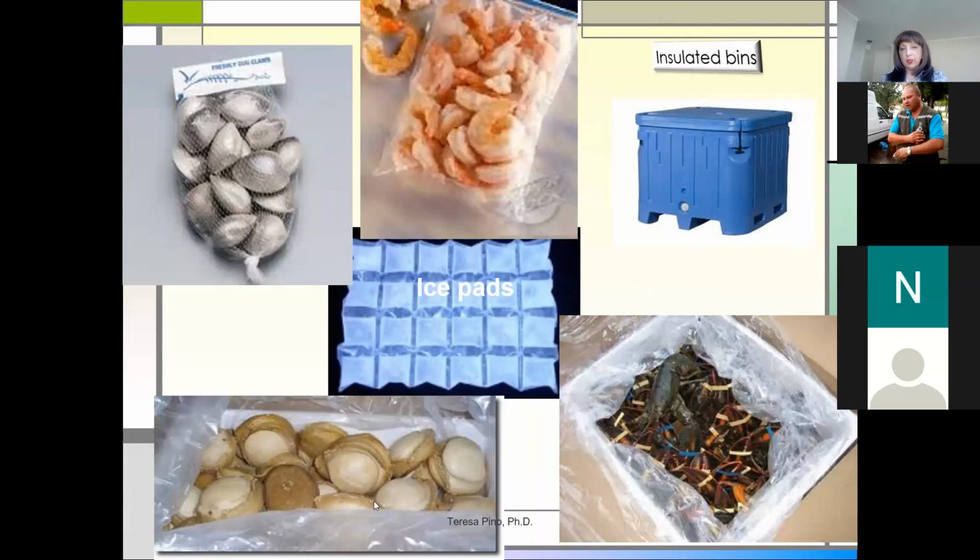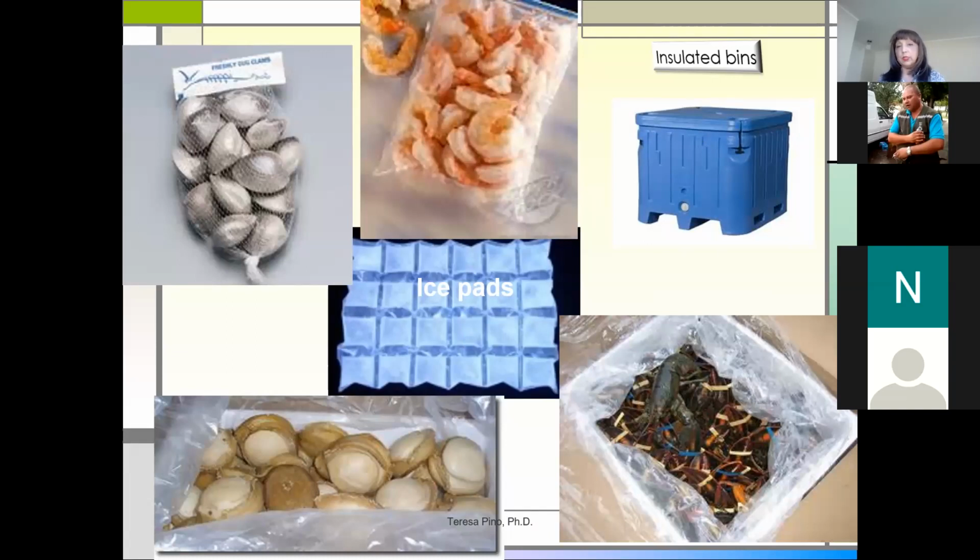In the bottom of these boxes, you put the ice box. These insulated bins are used when you're sending live animals, right? So these go by plane, and this is filled with water because you can't send those animals dry.